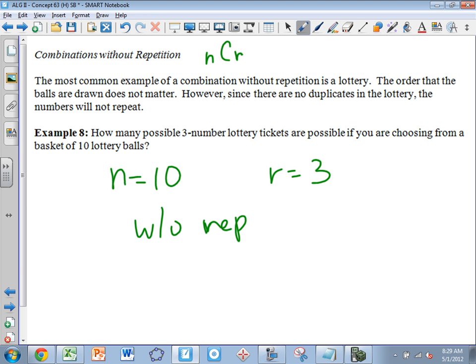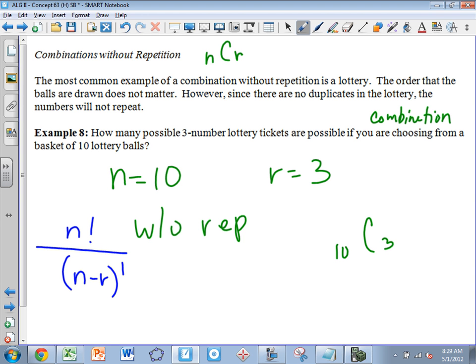Without repetition, and again, this is a combination problem. So let's plug it in, please. 10C3. The formula, in case you would like to know, and I'm going to write it down because some of you might want to use this, is the same exact formula as permutations, but simply with an R factorial up front.